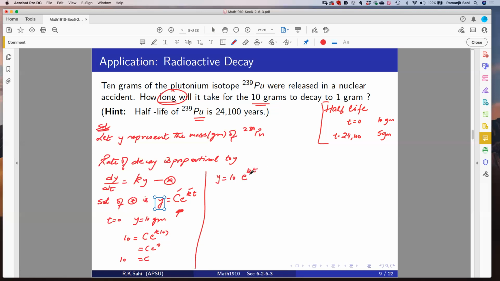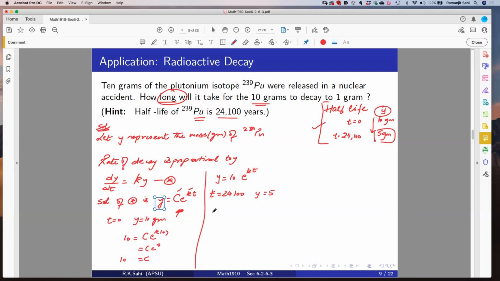Now k is what we have to find. What was the other thing we knew? The half-life of this plutonium is 24,100 years. That means when T is 24,100 years, Y is 5 grams.